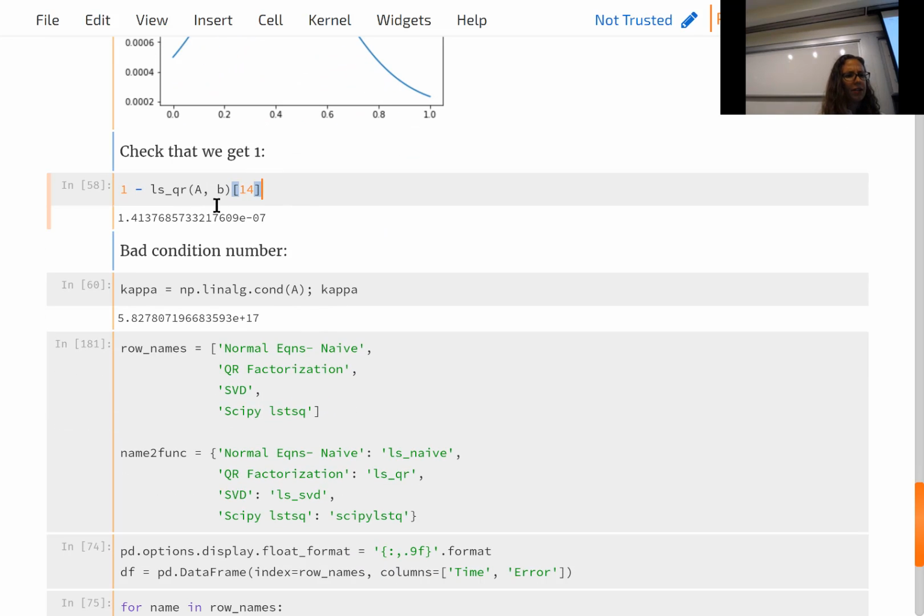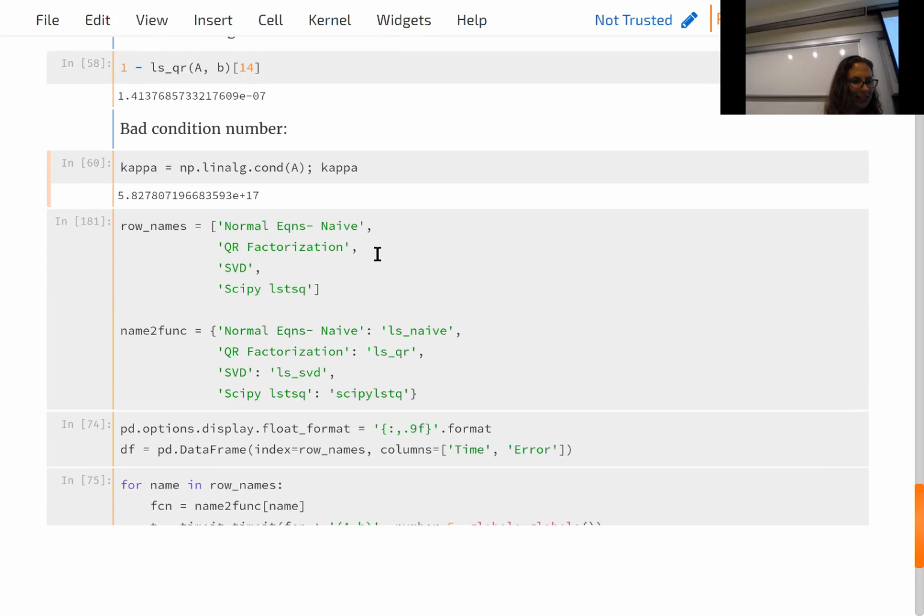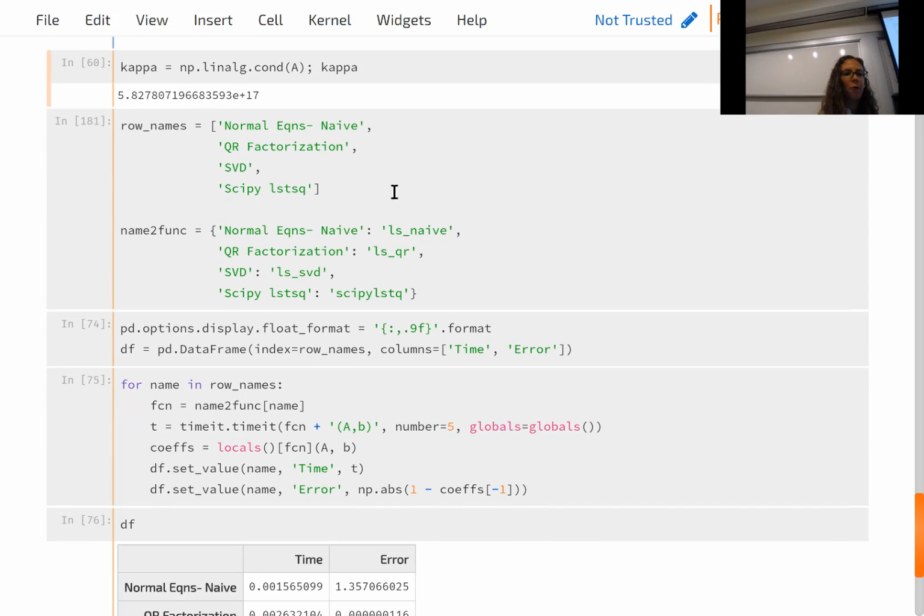We can check that using QR, we're getting 10 to the negative 7th, which isn't perfect, but is reasonable. This has another condition number, of 10 to the power of 17, which is bad news. So we run it for the 4. Again, Cholesky doesn't work on this one because it's not positive definite.